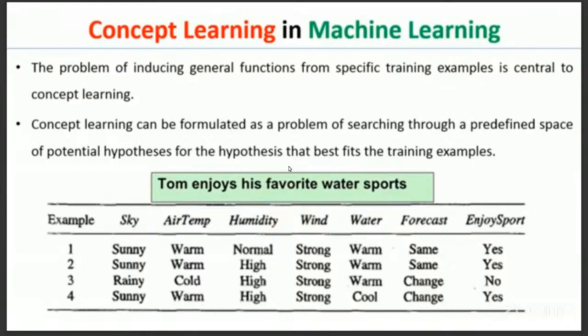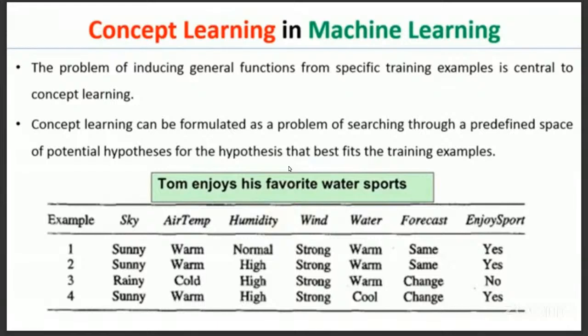So concept learning. Let's say some test cases. You go through those test cases. Given certain environmental conditions like sky, air temperature, humidity, wind, water, forecast, with those values, will you enjoy playing a game or not? The last column answers yes or no. Let's say you want to play cricket.